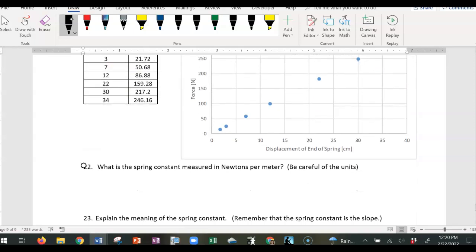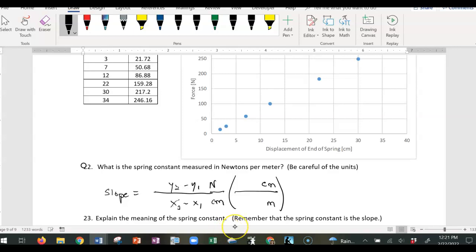So you're going to calculate the slope, right? y2 minus y1 over x2 minus x1, but that's going to be in newtons per centimeter. And so you're going to have to multiply by the number of centimeters that are in 1 meter in order to get your answer in newtons per meter, because that's what you need to do.